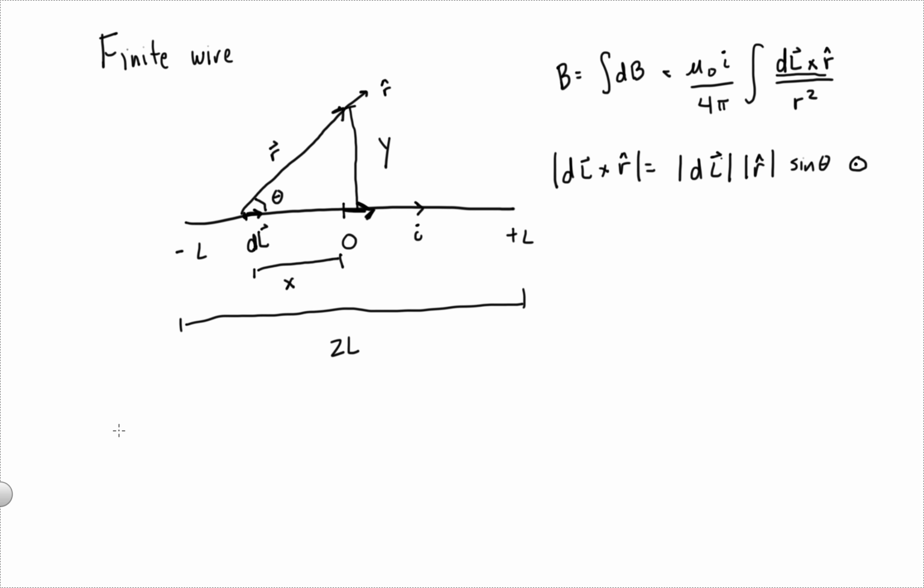Okay, now we can set up our integral, and we're going to start off just looking at the magnitude, because we now know the direction. Magnitude is going to be dB, mu naught I over 4 pi. We're going to integrate from minus L to L. This is going to be dl sine theta over r squared.